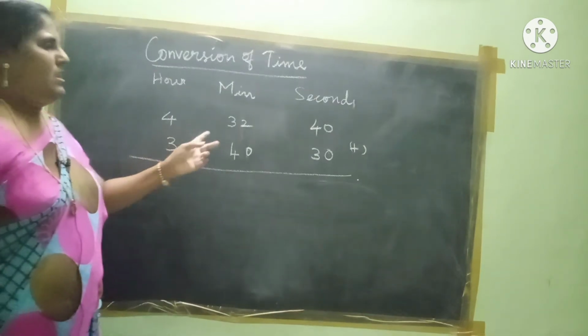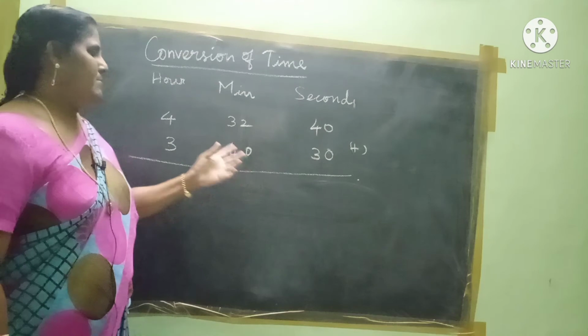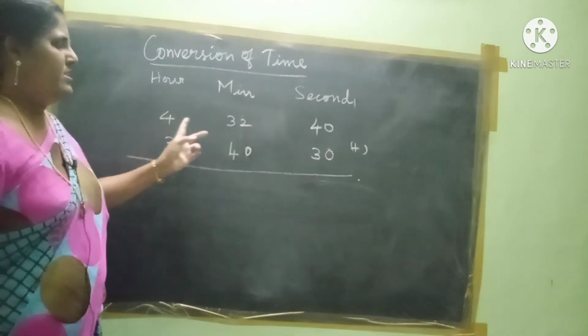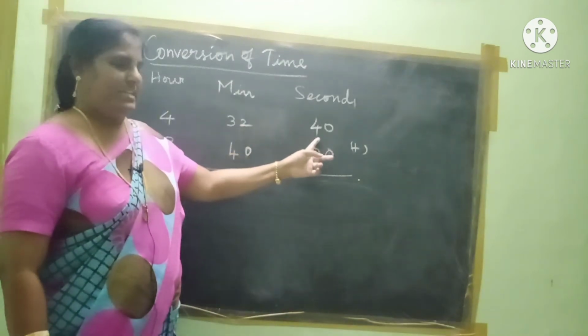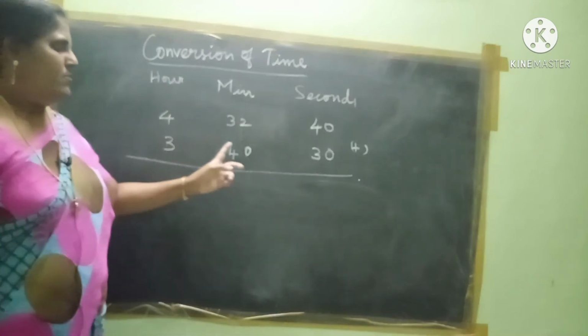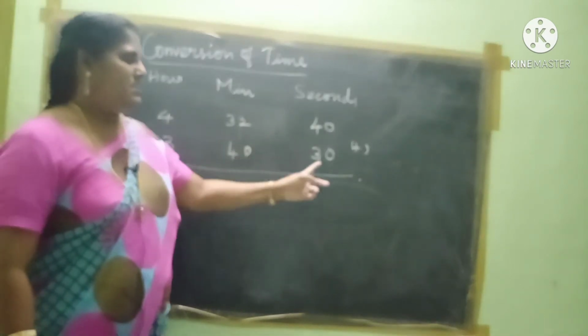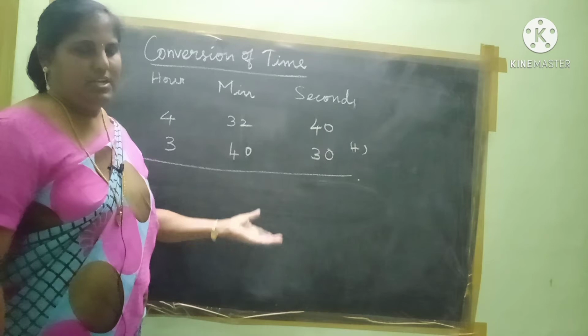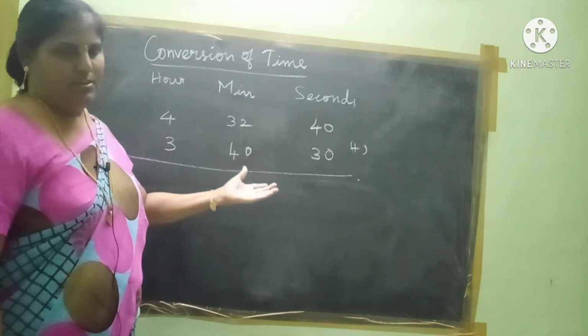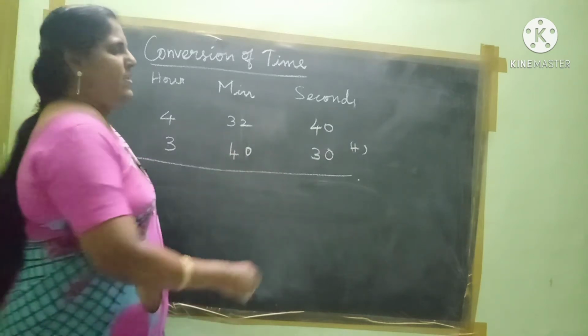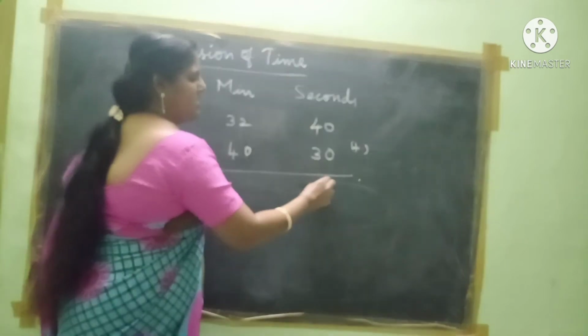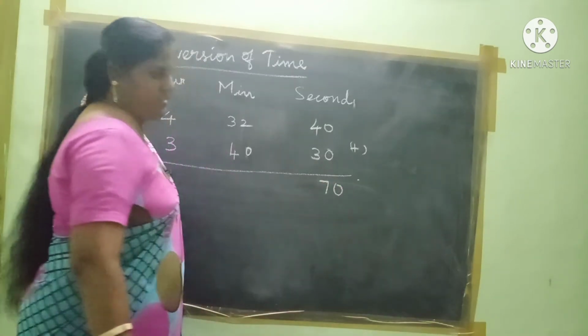See the number. Now we are going to add these two numbers. 4 hours 32 minutes 40 seconds and 3 hours 40 minutes 30 seconds. So let us see how to add the numbers. So 40 plus 30, totally how many seconds are there? 70 seconds.